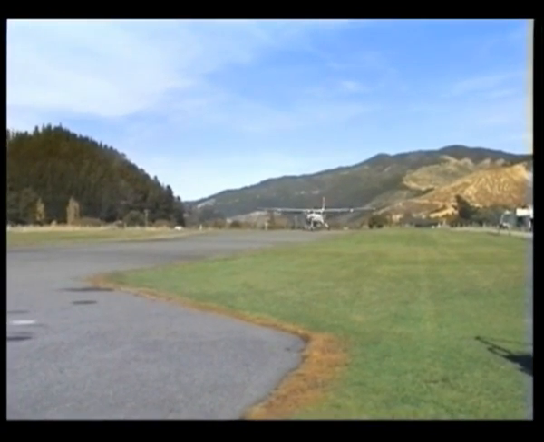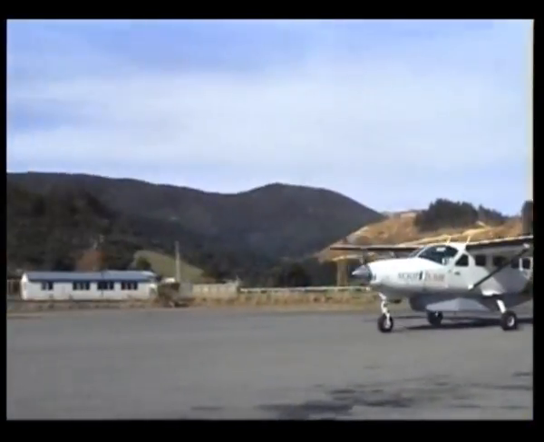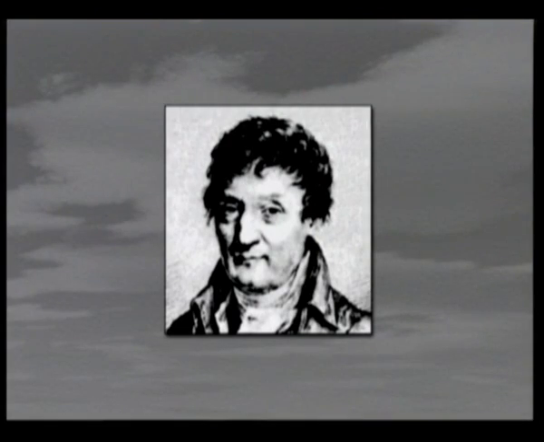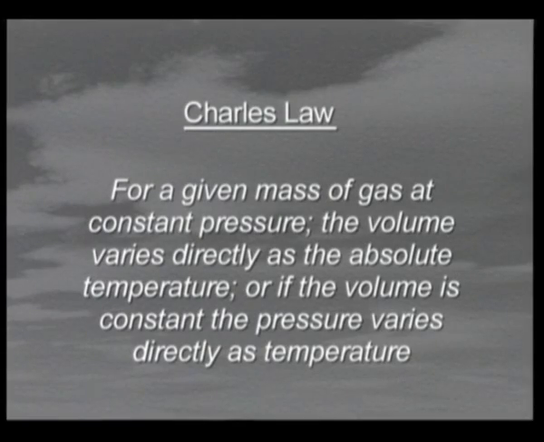Before moving on to the various categories of gas turbine engines, there's one more theory we should look at. Jacques-Alexandre César Charles, an 18th century French physicist, left us with Charles' law, which states that for a given mass of gas at constant pressure, the volume varies directly as the absolute temperature, or if the volume is constant, the pressure varies directly as temperature.